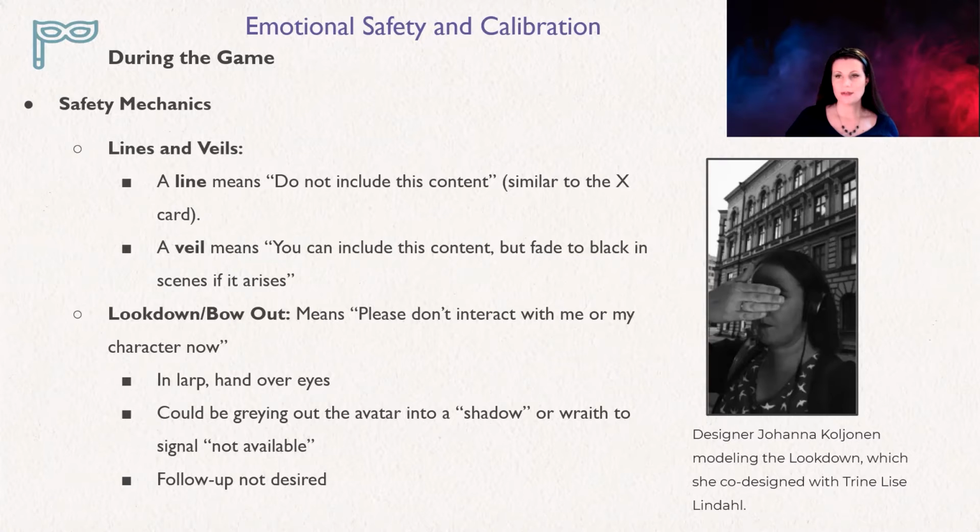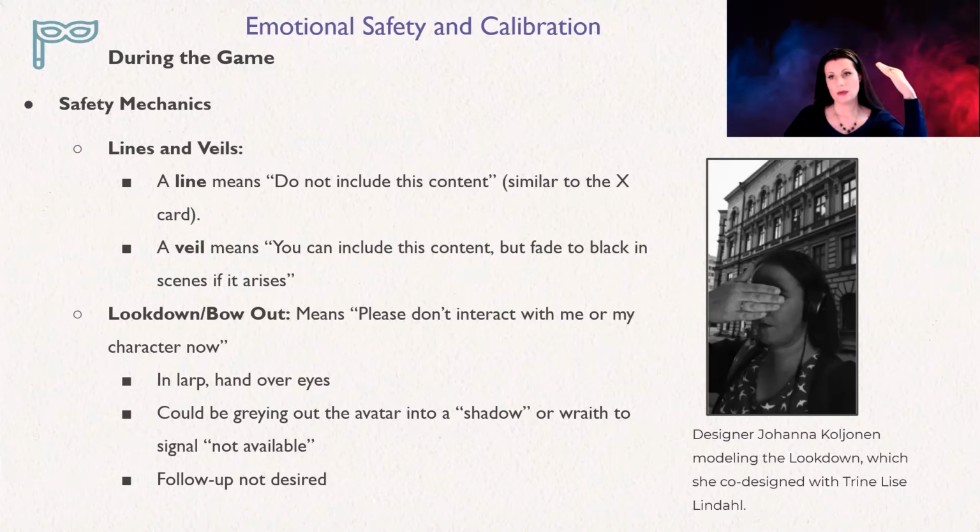If you're online, you can find a way to maybe gray out your avatar or put a filter over, just saying, I'm not available. Maybe it's turning off your screen in Zoom. It might be something as simple as that. And the idea here is, please ignore me, and follow up is not desired. So a person may put their hands over their eyes just during a scene, and that means just don't interact with me.